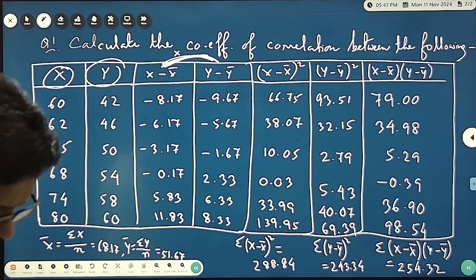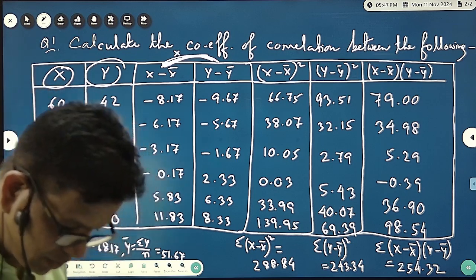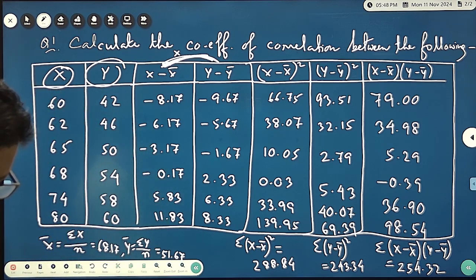Alright. Now, one more method is there which I can suggest and you can try. Look at page number 352, the alternate method. Did you get it? I forgot to bring the pen drive. I could have shown it on the board. Here you see, we are not finding x bar, y bar.